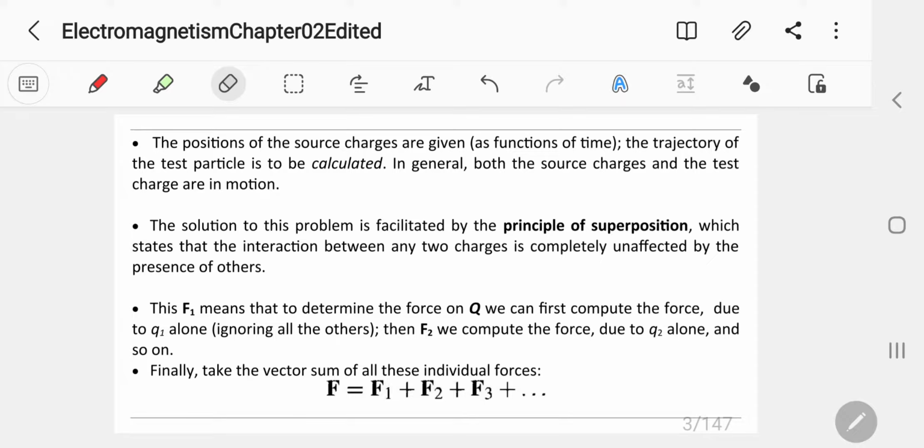So in this case, we have a distribution of source charges.